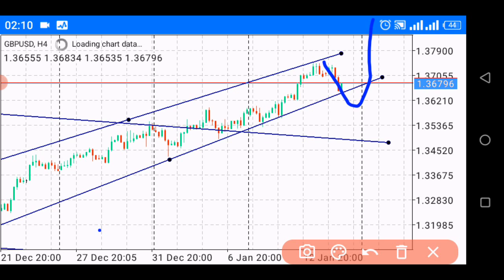In 80% of breakouts, there must be a momentum candle. So before euro US dollar can start going up, euro US dollar must break this structure.